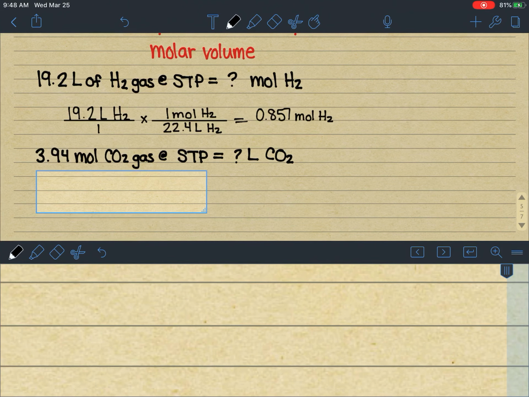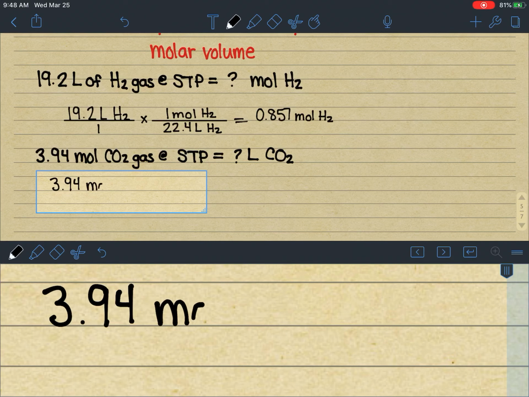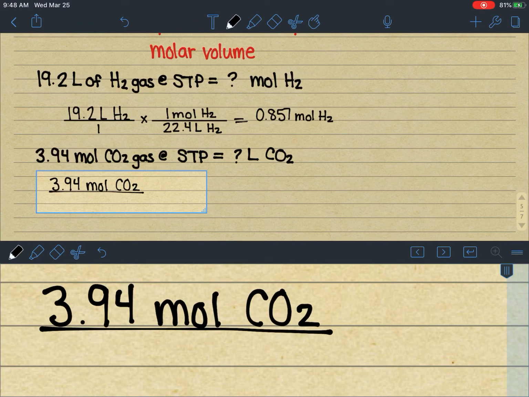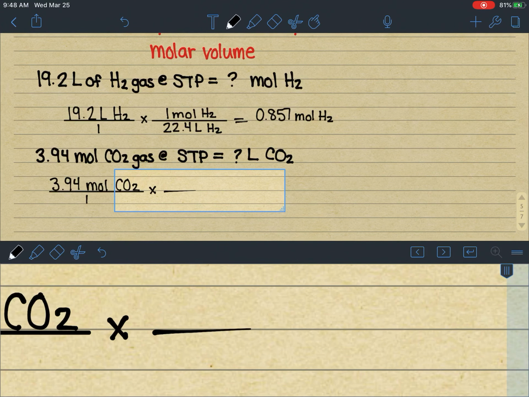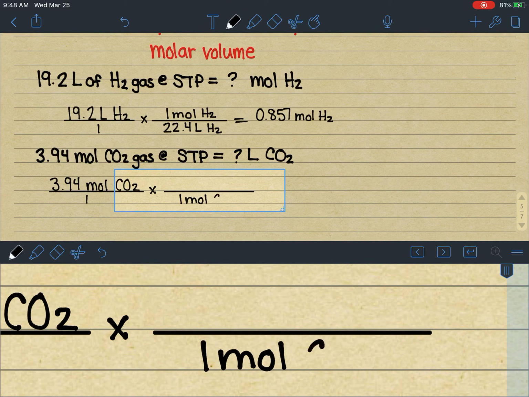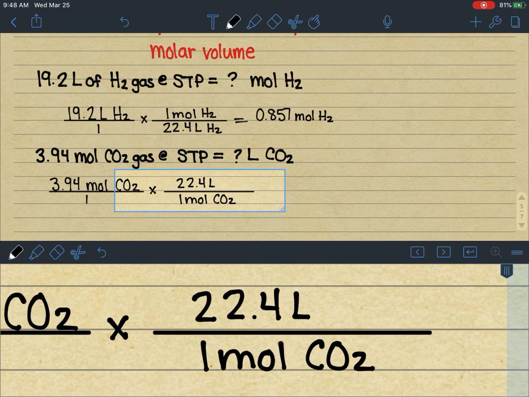All right, one more quick little example here. So 3.94 moles of CO2 over 1, and then we can say that 1 mole of CO2 occupies a volume of 22.4 liters.